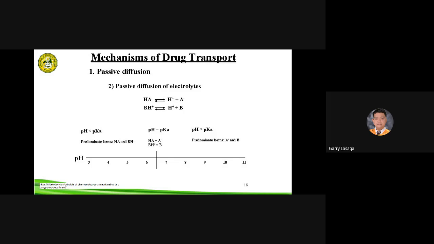For example, when we place this basic drug in an acidic environment, that basic drug will be trapped in that environment, and that is known as the phenomenon of ion trapping. So any questions with that?